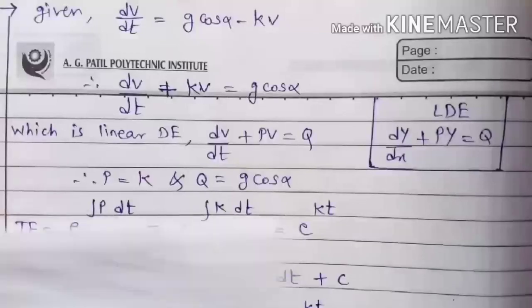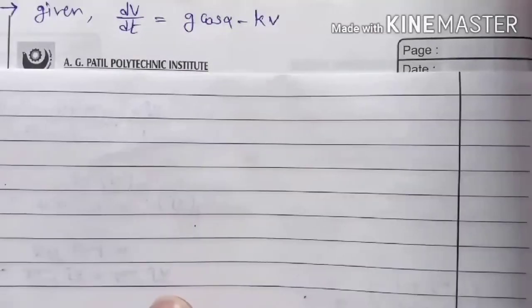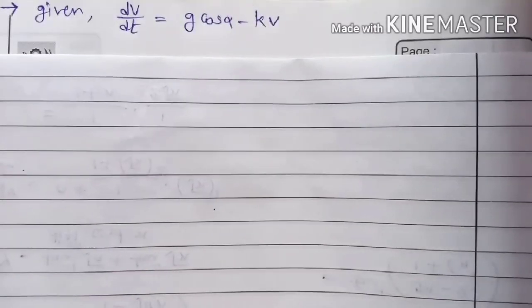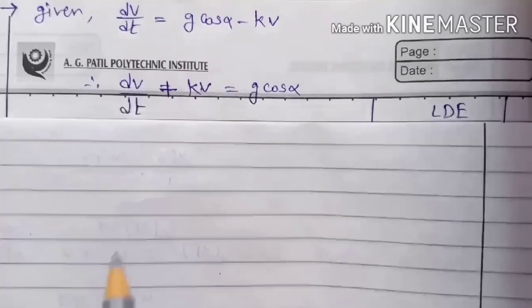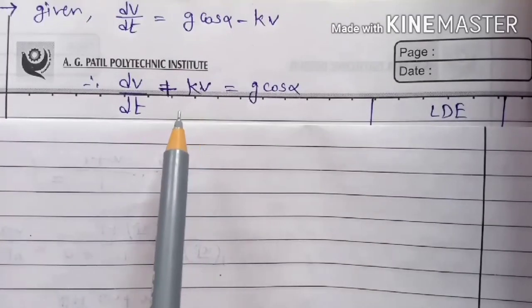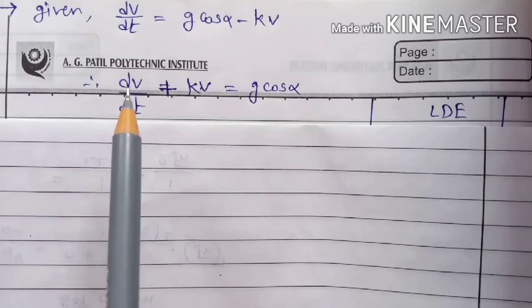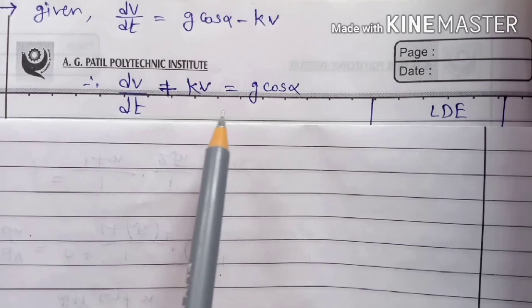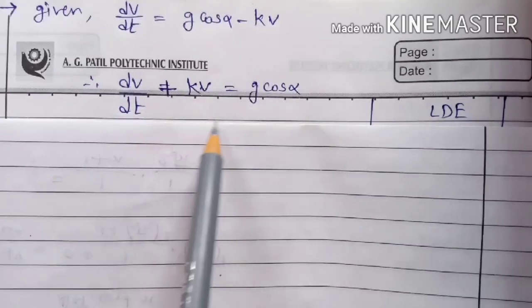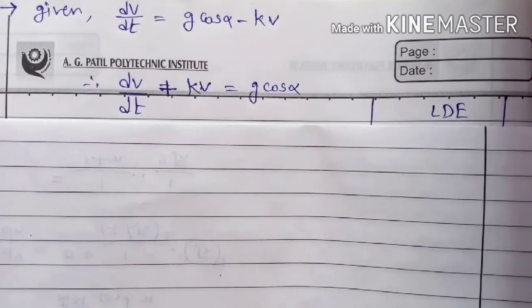The given equation is dv by dt equal to g cos alpha minus kv. First we shift minus kv to the left side, so it becomes plus kv. The equation is dv by dt plus kv equal to g cos alpha, and this is in the form of linear differential equation.